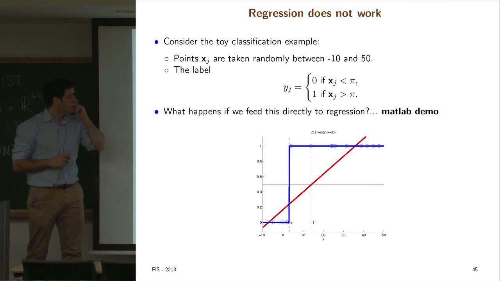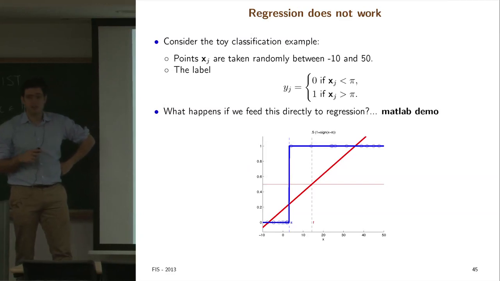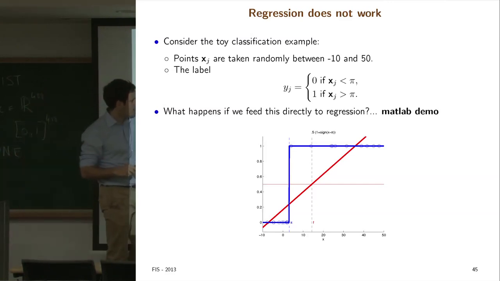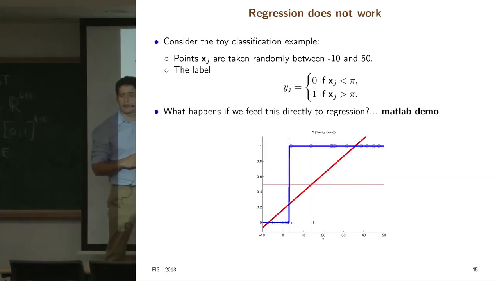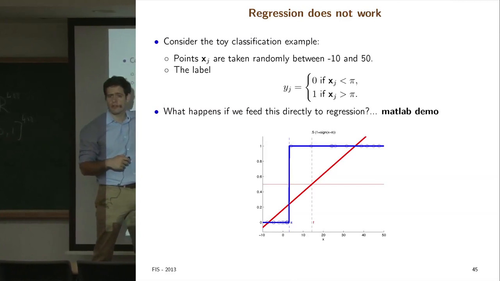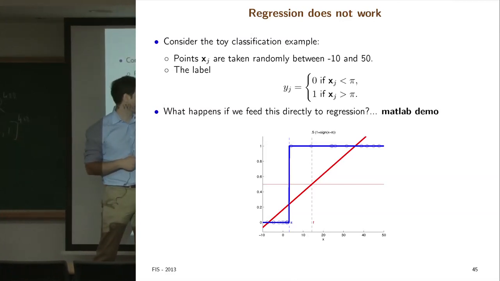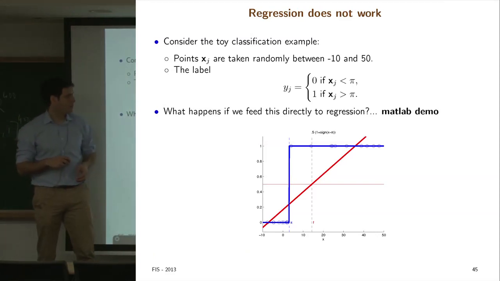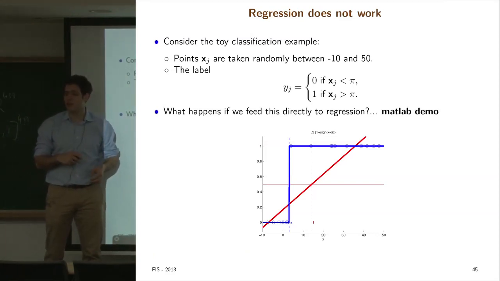So assume that I have taken points randomly between -10 and 50. Okay? Each xj is just a real value between -10 and 50. And then I have decided that a point would be 0, a label 0, if its value is smaller than pi. So pi is actually the real value pi, 3.14, blah, blah, blah. And it would be 1 if xj is bigger than pi.